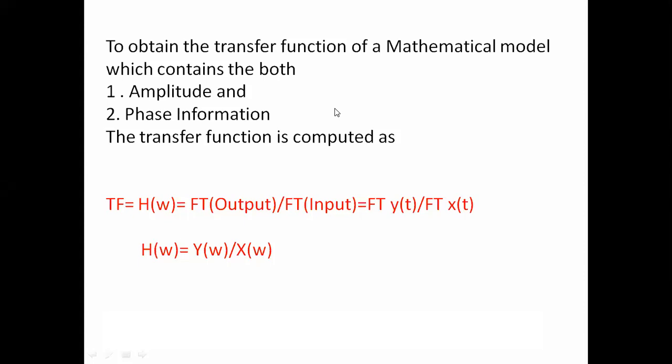For that we consider a number of laws, like in mechanical systems we consider Newton's laws. A number of equations will be developed from conservation principles, and from that we get the mathematical equations. For those equations, we can test by giving a number of inputs and see what the output is.